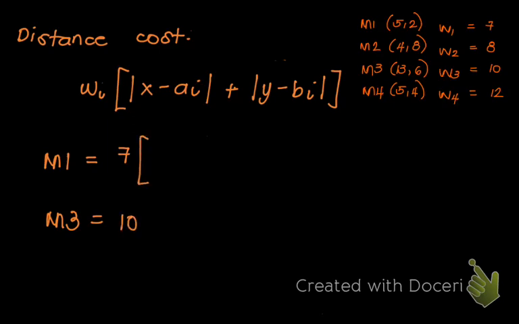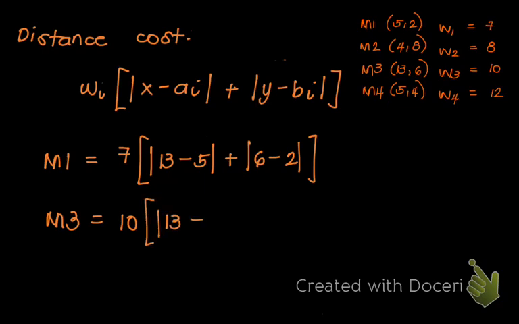Again, 13 and 6 daw. 13 minus 5 plus 6 minus 2. And same, 13 minus 13 plus 6 minus 6. Again, this will be 0.